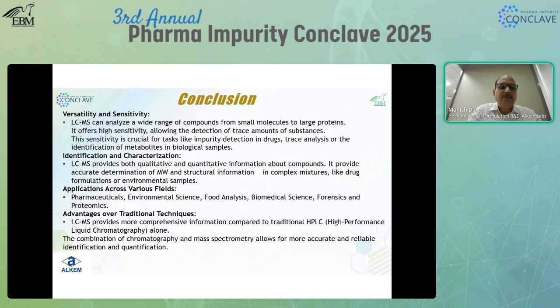The LCMS would be really helping us to go to the PPB level, to develop the method in a sensitive technique, especially in the mass. So these are sensitive techniques, really crucial, and really helping us to identify this unknown impurity at the detection level in the drug substance as well as the drug product or any kind of raw material as well.